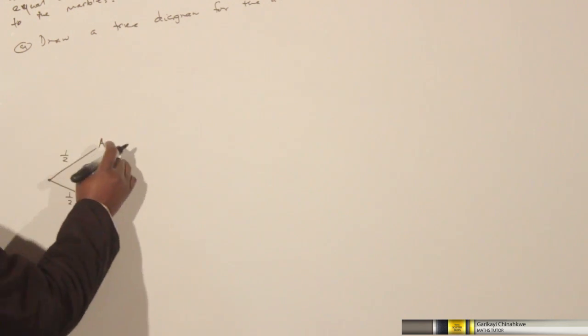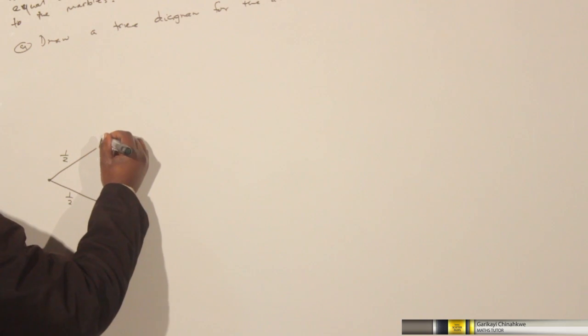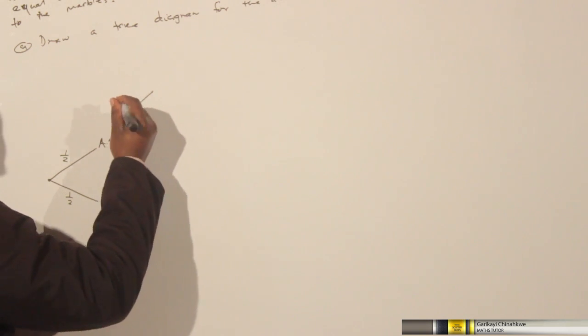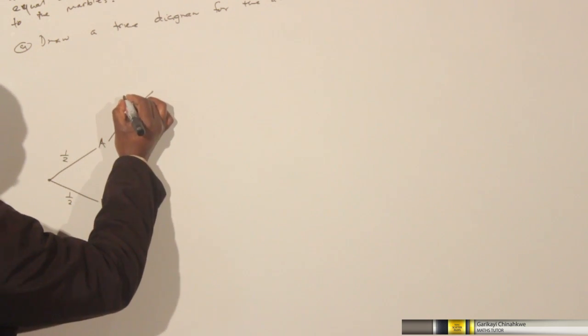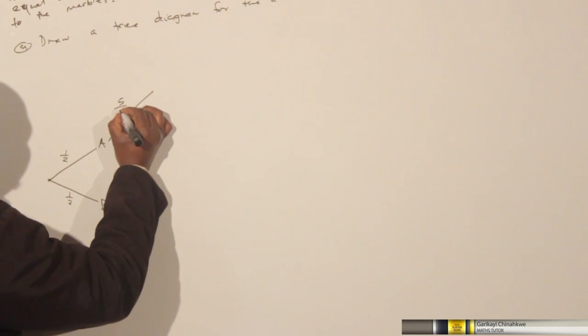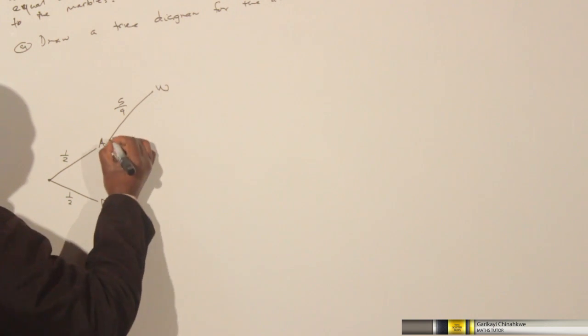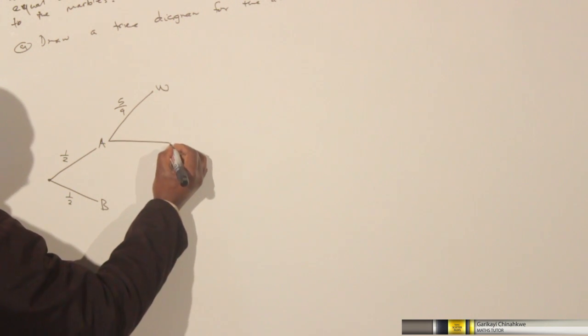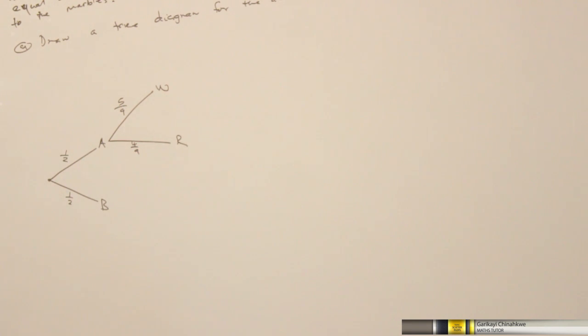So if you choose A, let's say it's bag A which is picked, and then we are supposed to pick a marble there. So what is the probability of picking a white one? So it's 5 over 9. So this 5 over 9 is white, and then this is red, which is 4 over 9. All right.